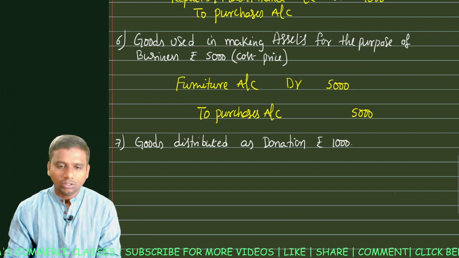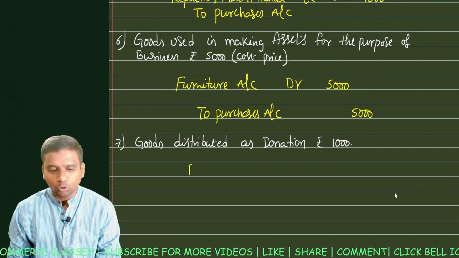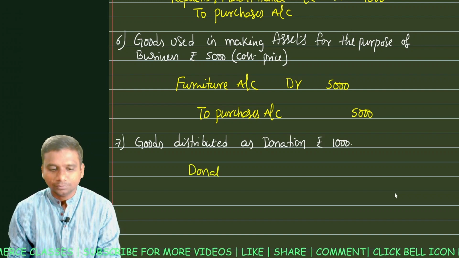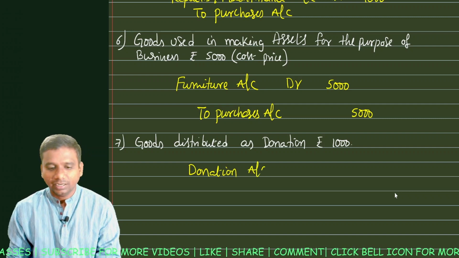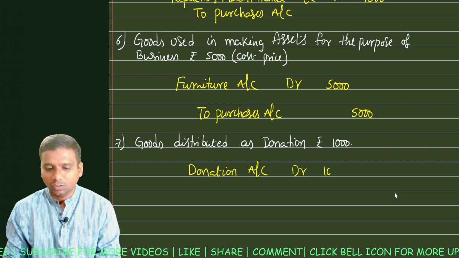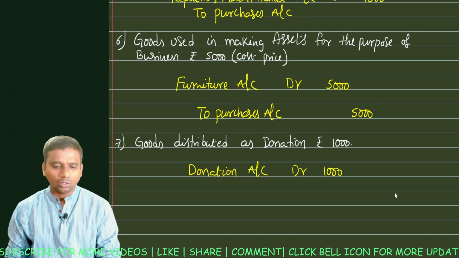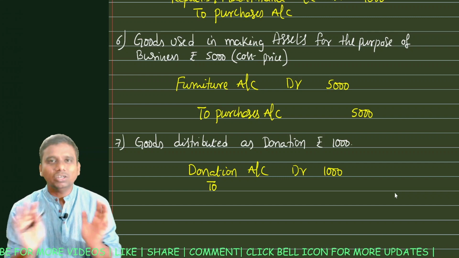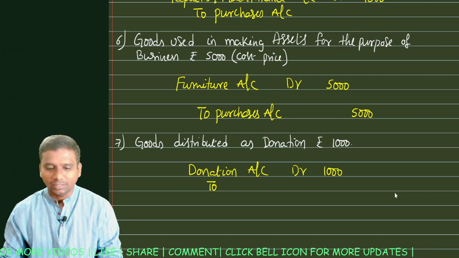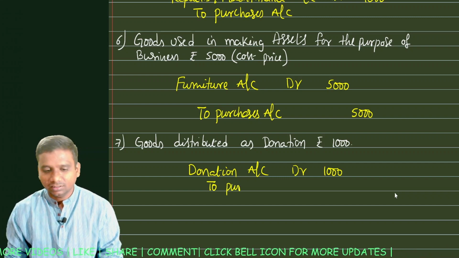So what you did with these goods, we have donated. So simply debit donation account. How much? 1000. By donating goods, you will not get any profit. That's why our purchase cost gets decreased.